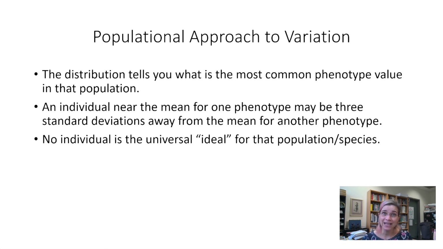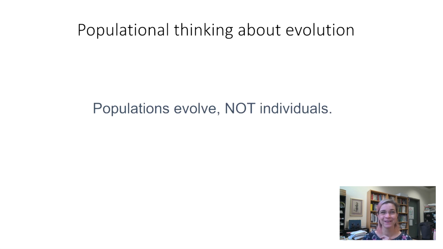Now we have the language to talk about populations at one point in time. We have that done. Now what I want to do is turn and add in a time dimension to this. So our next step is to start thinking about populations in a dynamic sense. This gets us into evolution. And populational thinking about evolution is the recognition that populations evolve, not individuals.